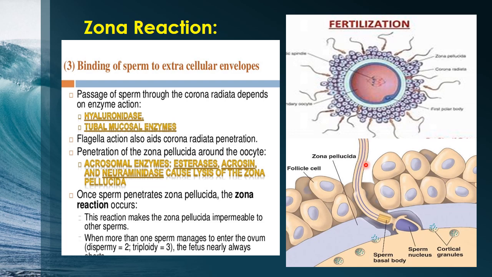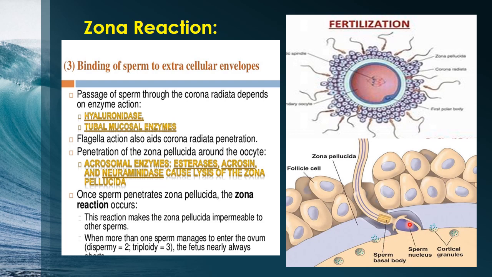So this is a diagram showing you that the sperm has reached the plasma membrane after crossing the corona radiata cells and the zona pellucida lysis, and it reaches the plasma membrane of the oocyte. Once it reaches the plasma membrane of the oocyte, the cortical enzymes or lysosomal enzymes are released from the cortical granules near the plasma membrane into the perivitelline space.